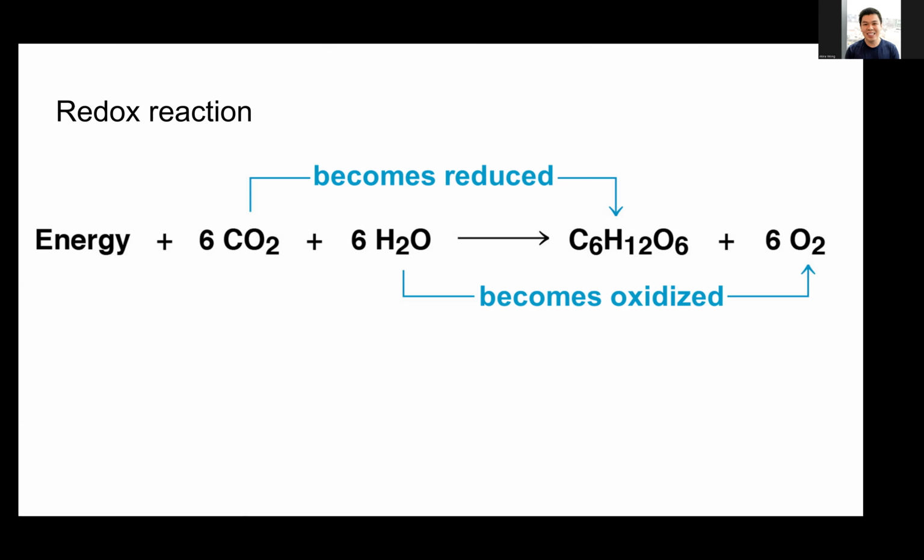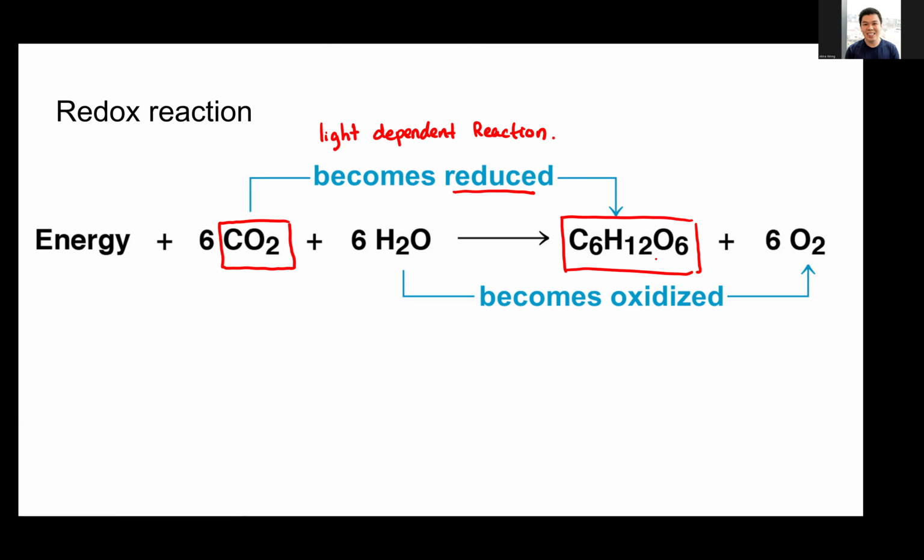So CO2 becomes C6H12O6 through the process of light-dependent reactions. And during the reaction, CO2 is being reduced to become C6H12O6.